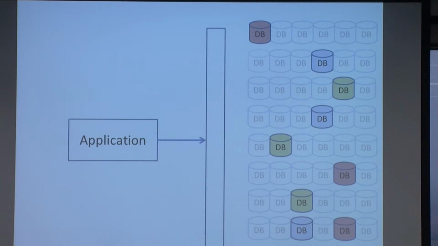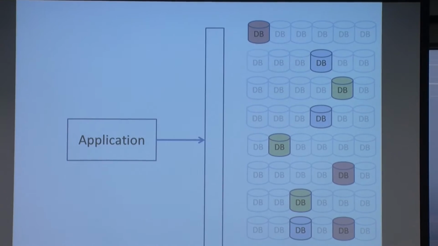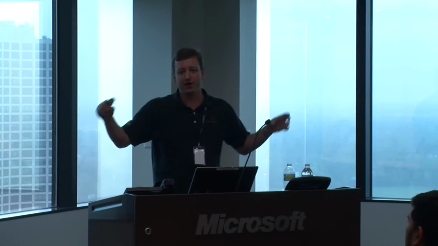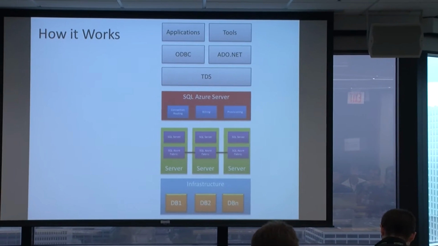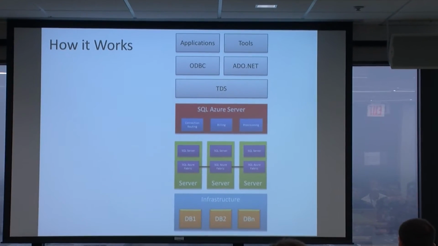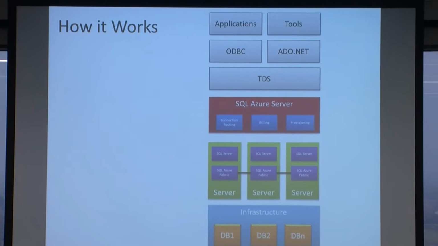I could have a database, Jeff over there could have another database running on the same server hardware, but we won't be able to see each other's because of the way that security is configured. Everything is locked down by default. I never have a system-wide login that can access anything else on that machine. I can only access my own databases. And then the infrastructure is beyond that. So once I define a server, I can then create a database or 2 databases on that server that my application will use.